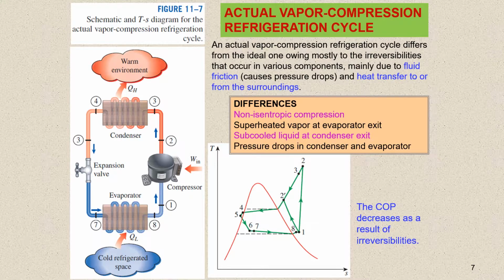Also, it is not easy to execute the condensation process with such precision that the refrigerant is a saturated liquid at the end, and it is undesirable to route the refrigerant to a throttling valve before the refrigerant is completely condensed. Therefore, the refrigerant is subcooled somewhat before it enters the throttling valve.